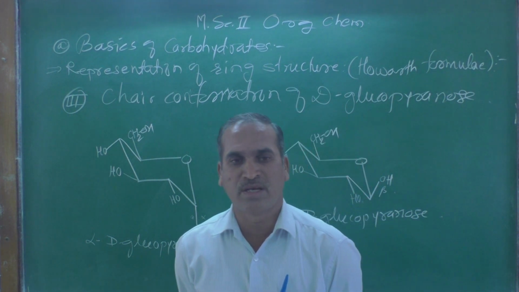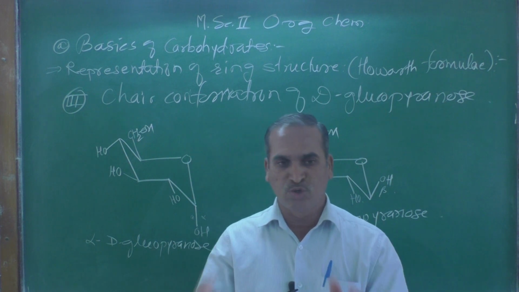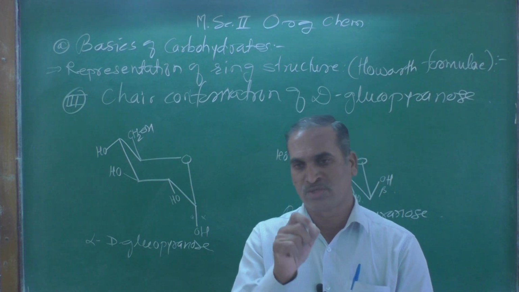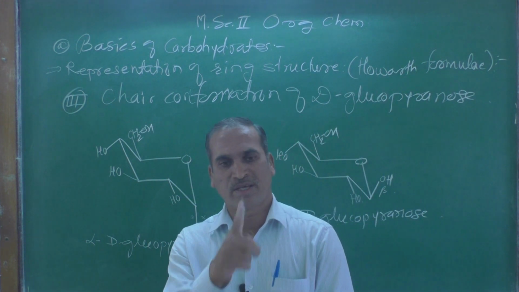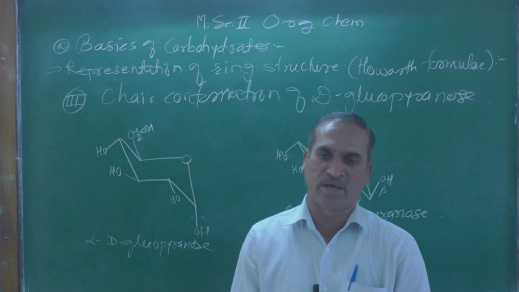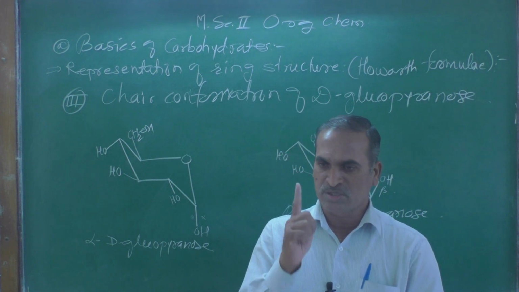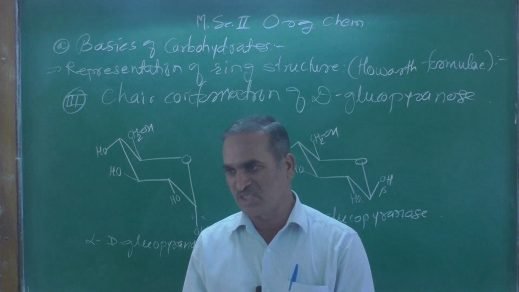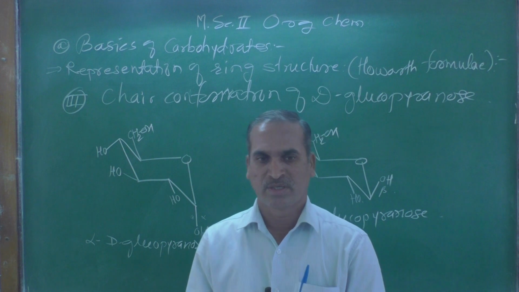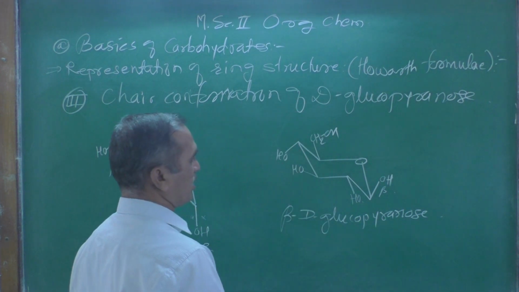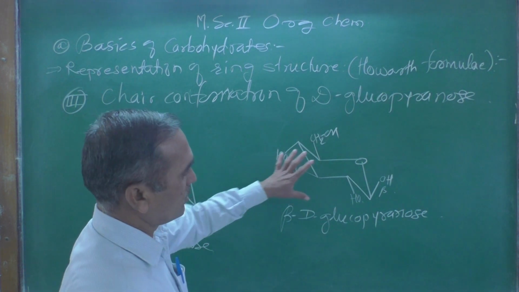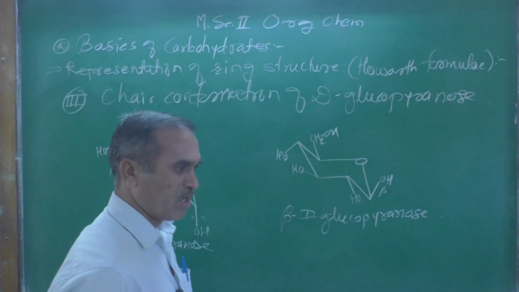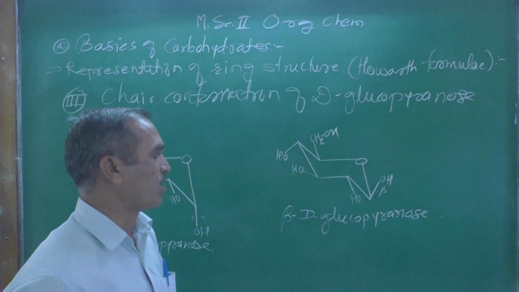Once the steric interaction is present, it increases the internal energy. As we know, there is a general rule: whenever the internal or potential energy increases, the stability of that particular conformation decreases. Therefore, look here at beta D-glucopyranose: all the bulkier groups, the hydroxy groups as well as the CH2OH group, are present at equatorial position.